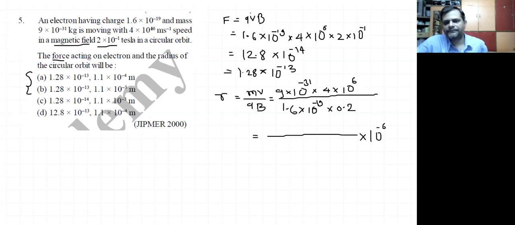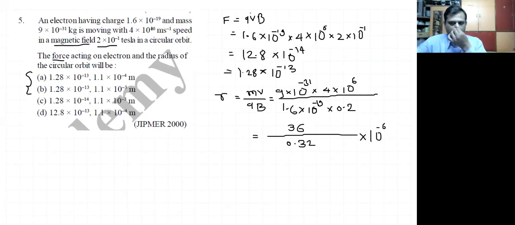Okay, now here 9 into 4 makes 36, right? So you can write it as 36 here. And 1.6 into 0.2 actually comes out to be 0.32. Okay, so here it is going to be 0.32.